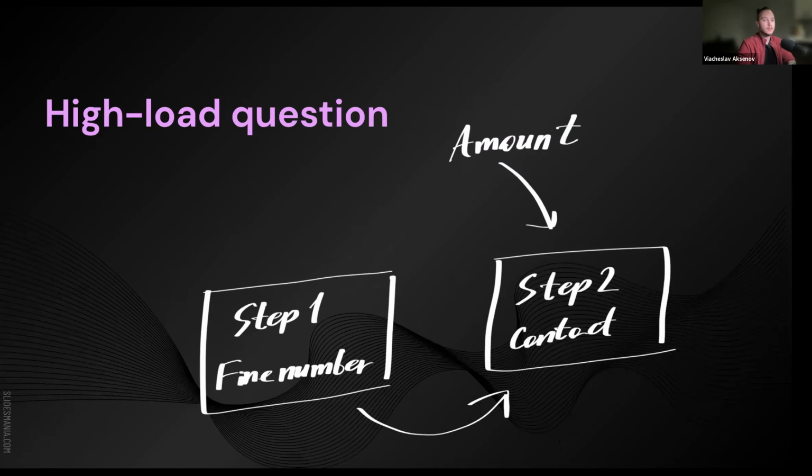And because this service is high load, we don't track user activity for each step. But the last step is reached, as I said, by about 1 million users per day, and the main question is where the details are stored in the process.